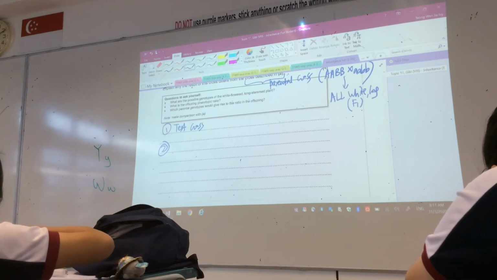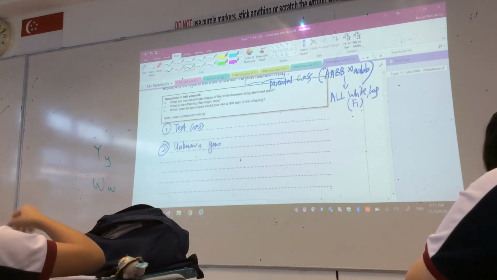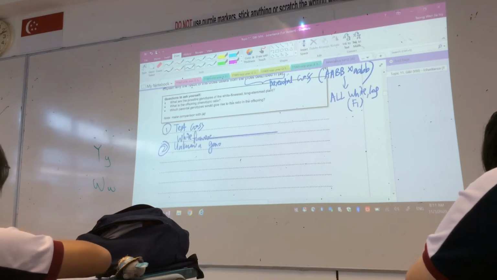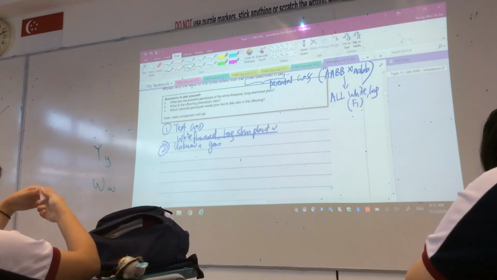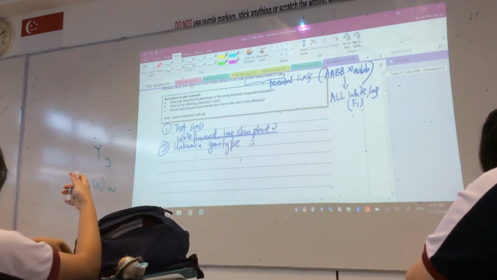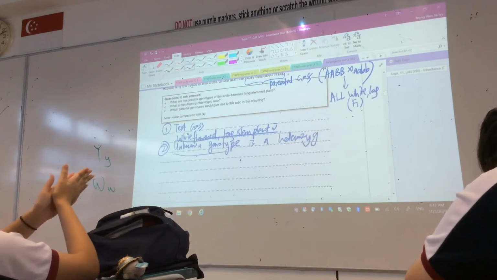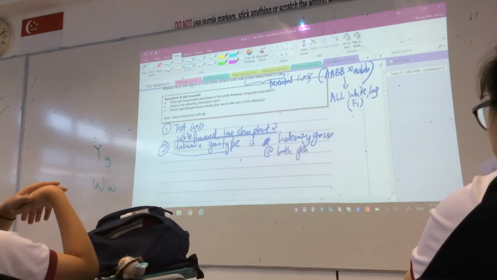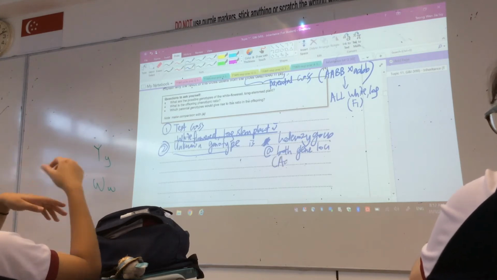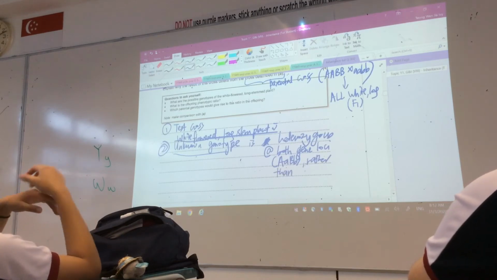So in this case, the white flowered long stem plant with the unknown genotype is heterozygous at both gene loci in question. So basically he is this rather than this.